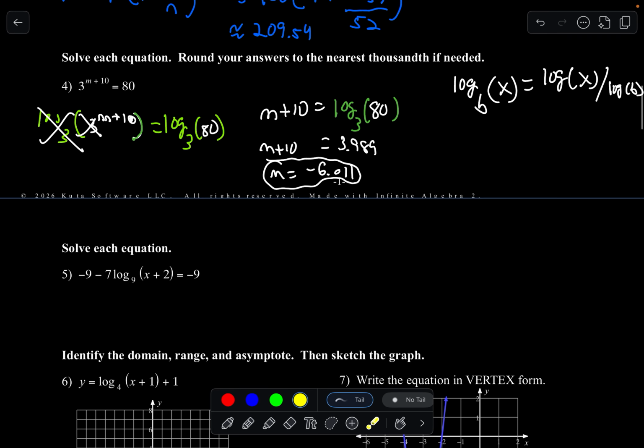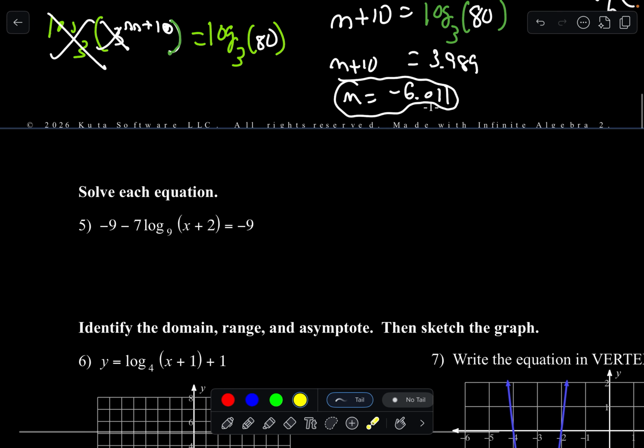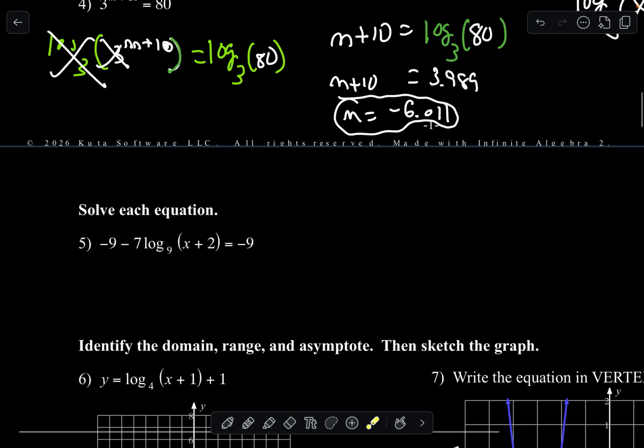All right, now notice on 5, we're solving a logarithmic equation. Well, the inverse of a logarithm is an exponential, so what we need to do is get this logarithm right here all by itself. To do that, we're going to add 9 to both sides, and this is going to be negative 7 log base 9 of x plus 2.